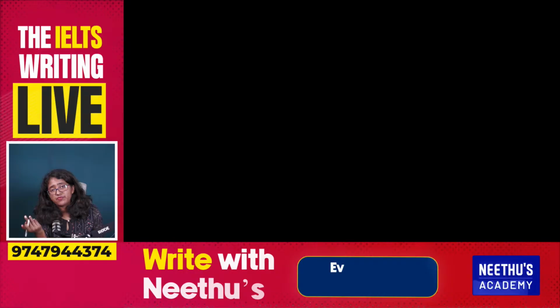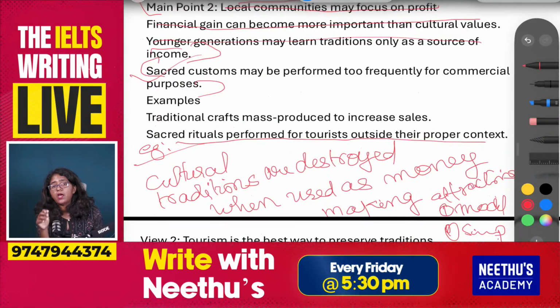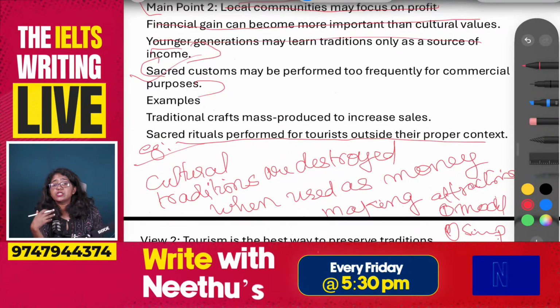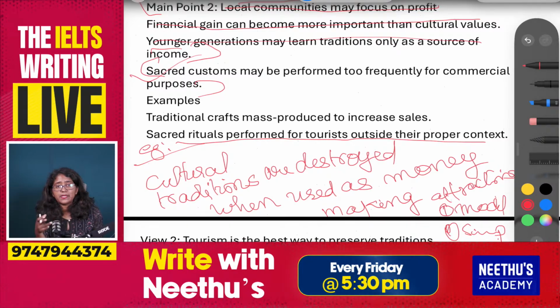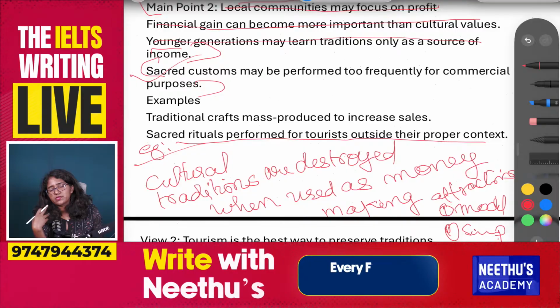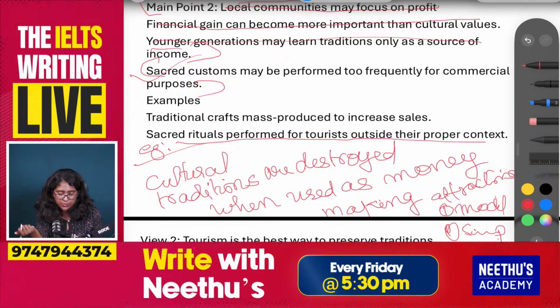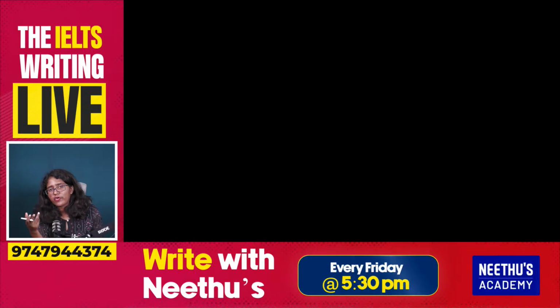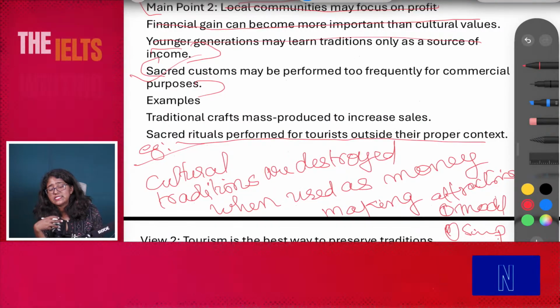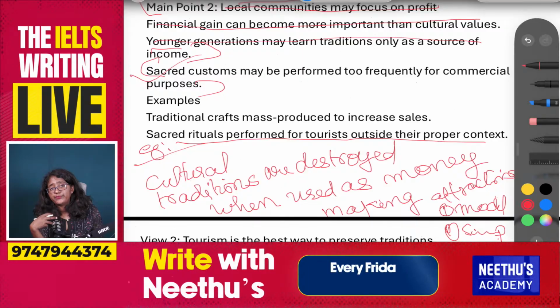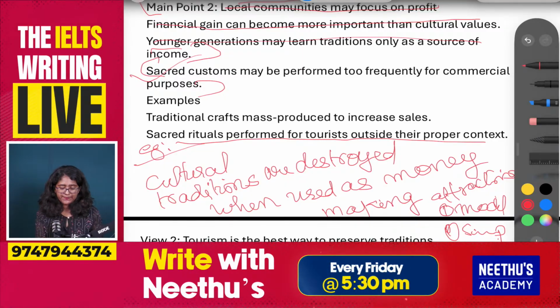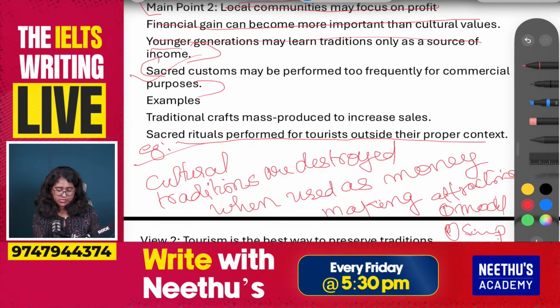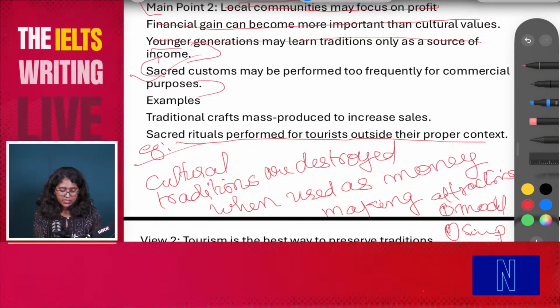Ideally the puja has to be performed only once in a year, but for the tourists they actually do it maybe like 3 to 4 times a year. So the sacred acts, rituals that are performed multiple times, that would destroy the real meaning of it and the purity of such traditions. Okay, so that's that.